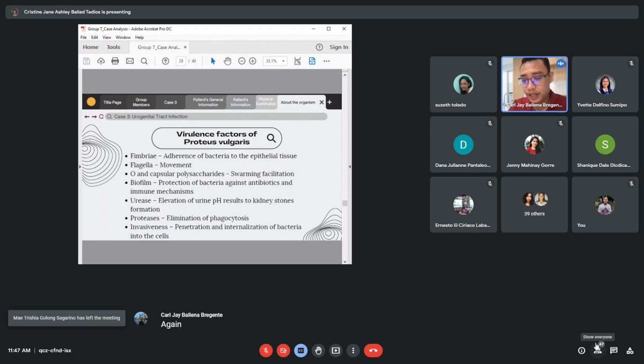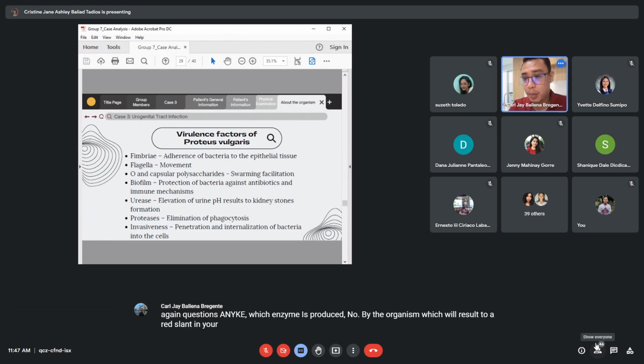Again, question, Shanike, which enzyme is produced by the organism which will result in a red slant in your LIA tube?